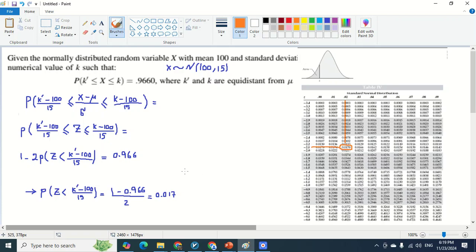So we find (k prime minus 100) over 15 is equal to minus 2.12. So right now you can find the k prime as well.